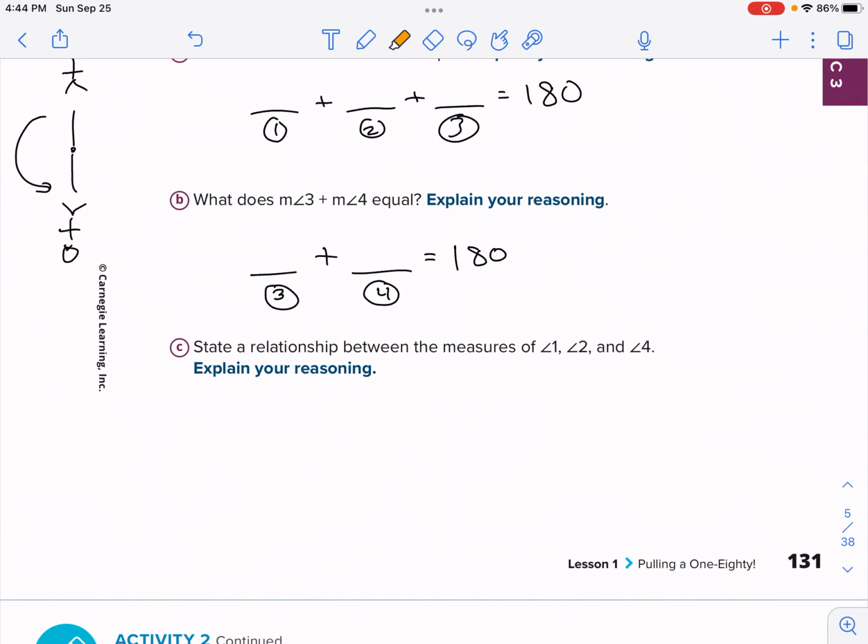So measure of angle 1 and 2 and 4. So what it is, it's measure of angle 1 plus the measure of angle 2 equals the measure of angle 3. Or sorry, measure of angle 4. So we're not dealing with 180 here. We just know that these equal each other.